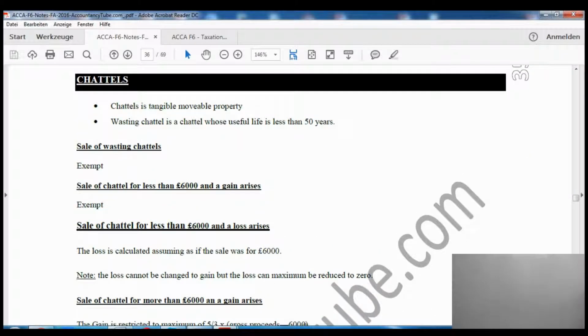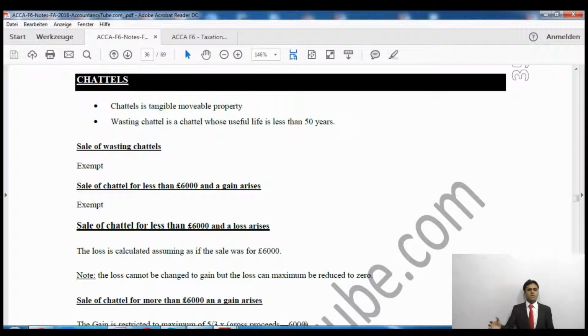Right? On the next page it says chattels. Now what is a chattel? A chattel is basically a tangible movable property. Now you might have studied tangible and intangible things at F3 or F2, financial accounting or management accounting. A tangible thing is a thing which has physical existence and it is movable as well.